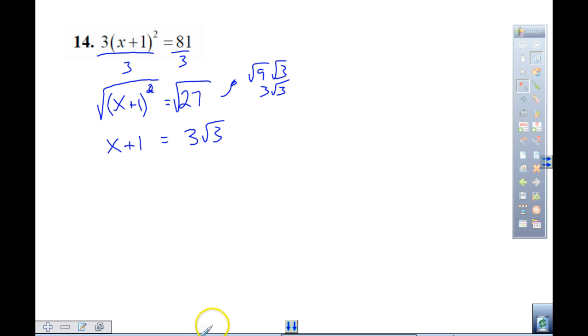And right now, what's missing? What did I leave off? Plus or minus. Very important. Alright, then go ahead and subtract 1 on both sides. And now we have x equals negative 1 plus or minus 3 root 3.